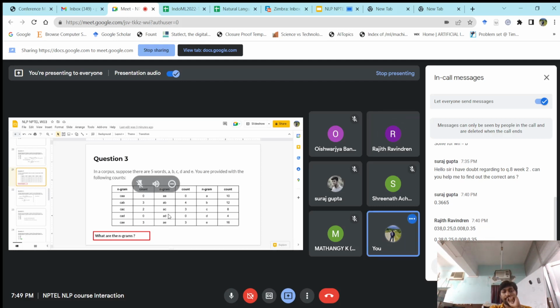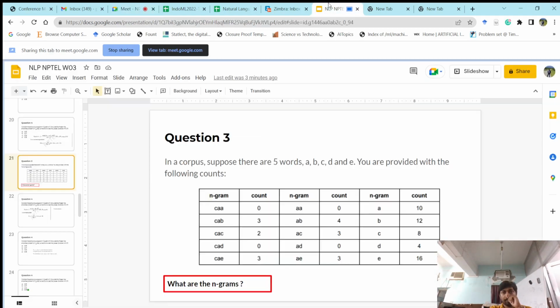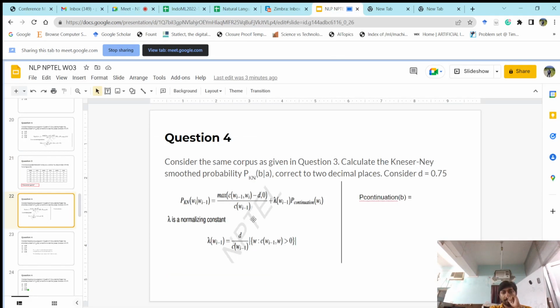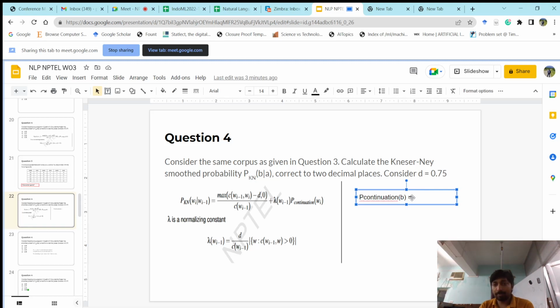The total types where B is occurring will be like 1 by 3. There are 3 types where the count is greater than 0, and out of this, one is where B is. We are considering only the bigram. So this will be 1.